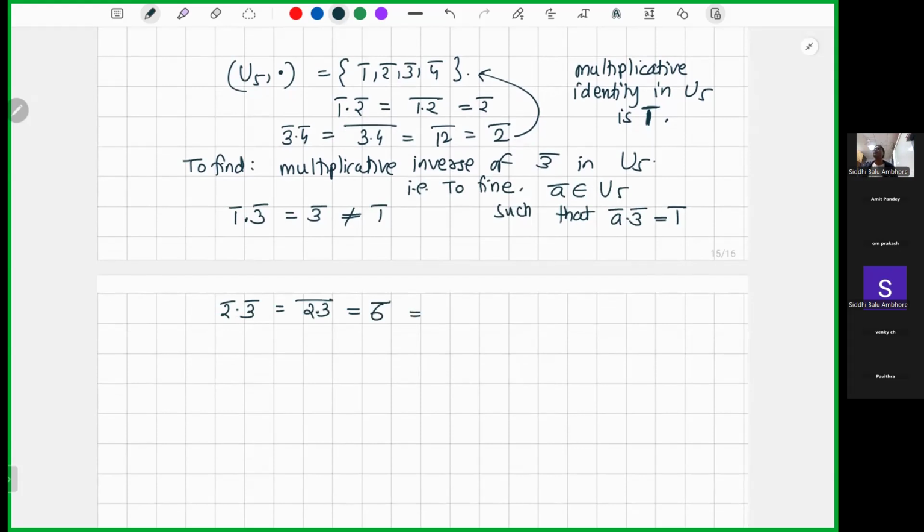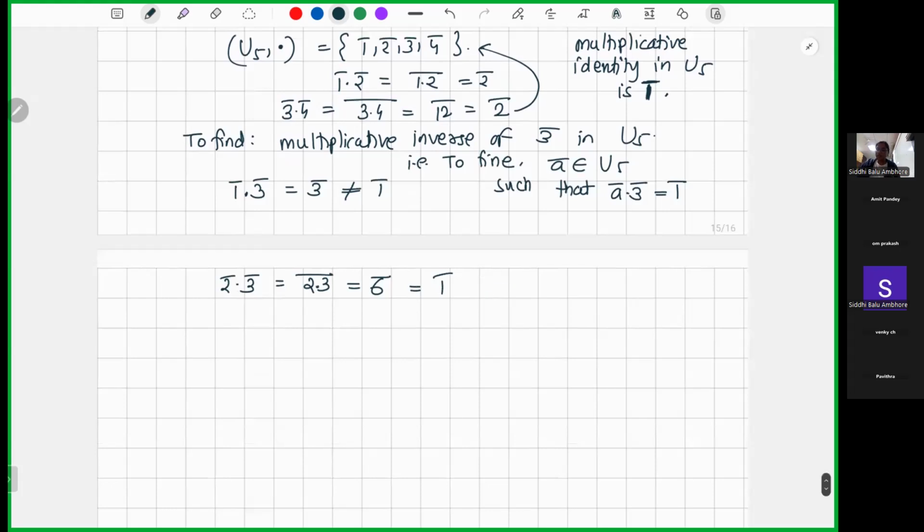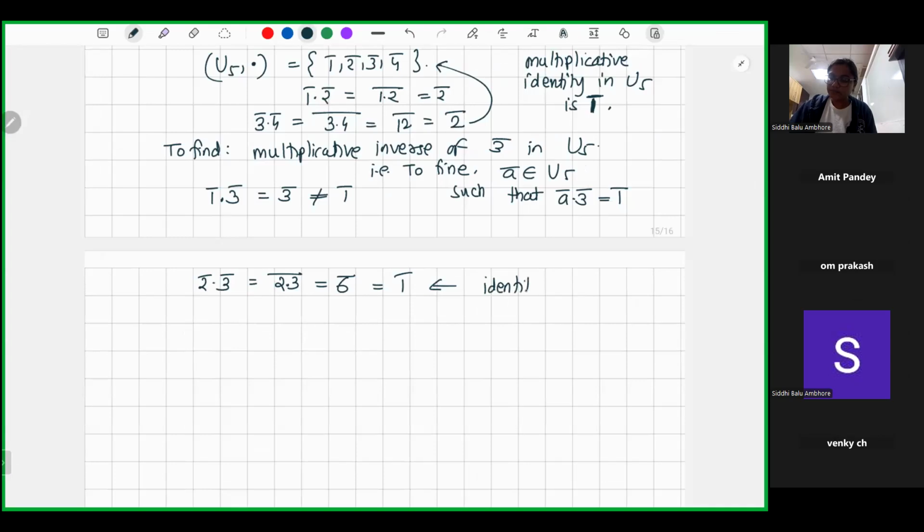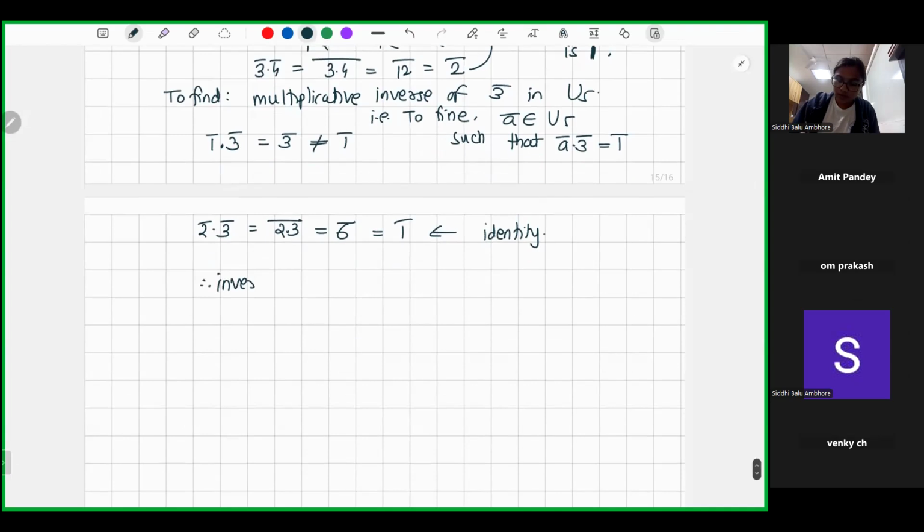And what is 6 bar? 6 bar is 1 bar. Exactly. So this gives me the identity. Therefore the inverse of 3 bar in U5 is 2 bar.